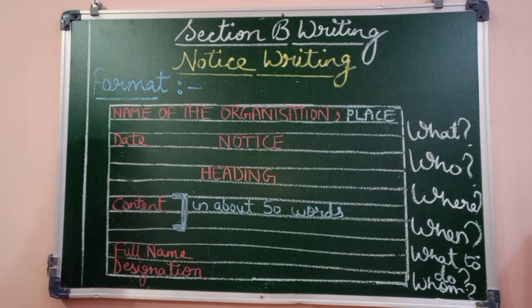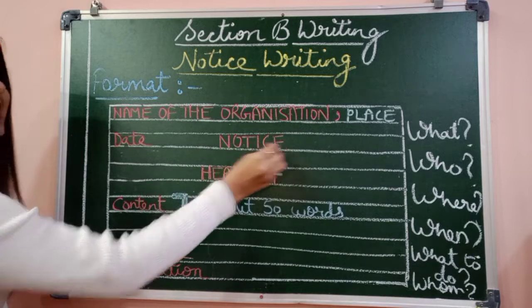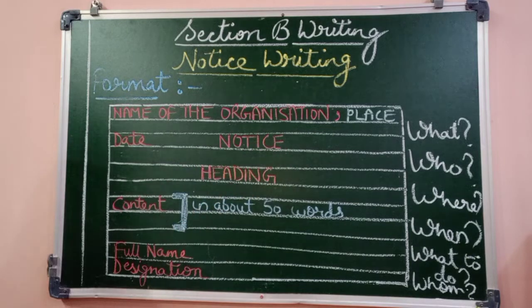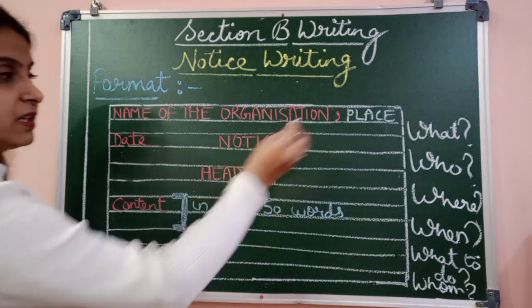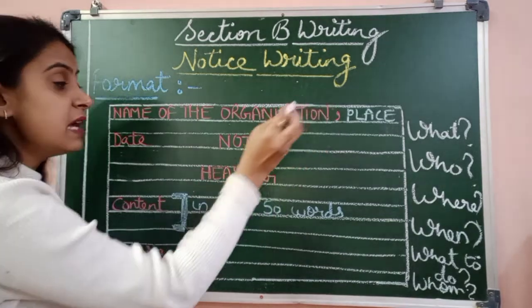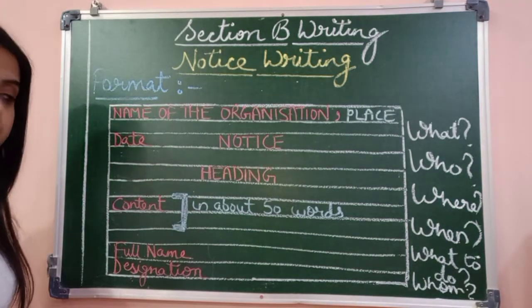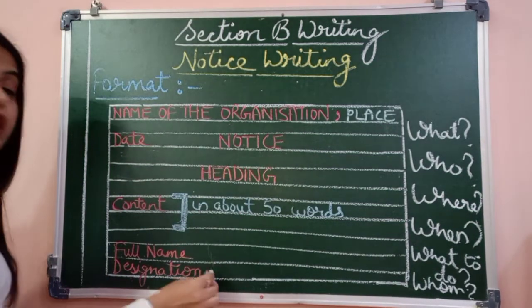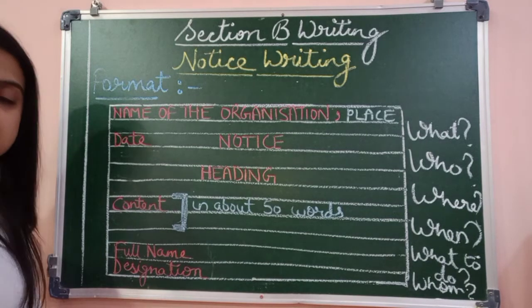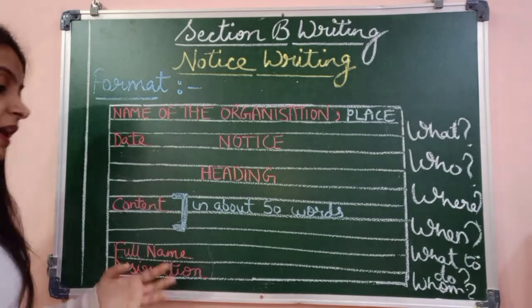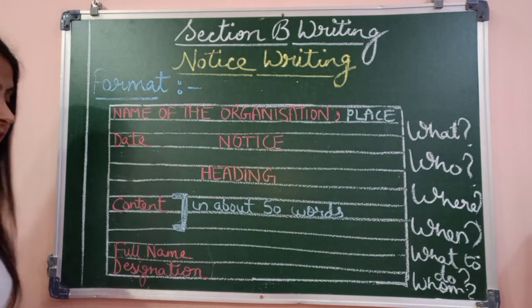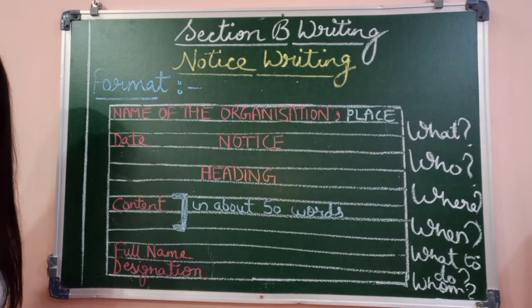Then the word notice must be written in block letters. Children, three things you need to write in block letters: the name of the organization and place, the word notice, and the heading. I hope you will keep this in mind. If you wish, you may write in capital letters since it is given in your workbook. If not, you can also write in sentence case as we generally write.